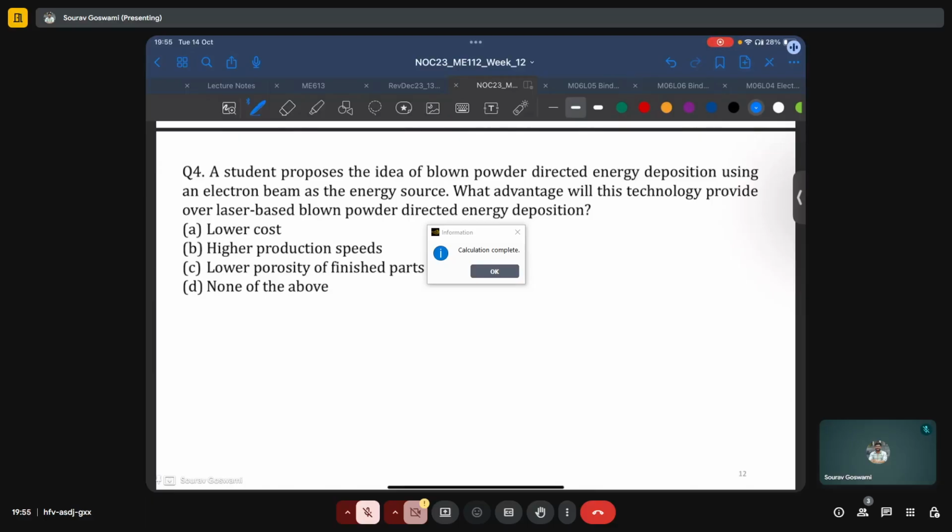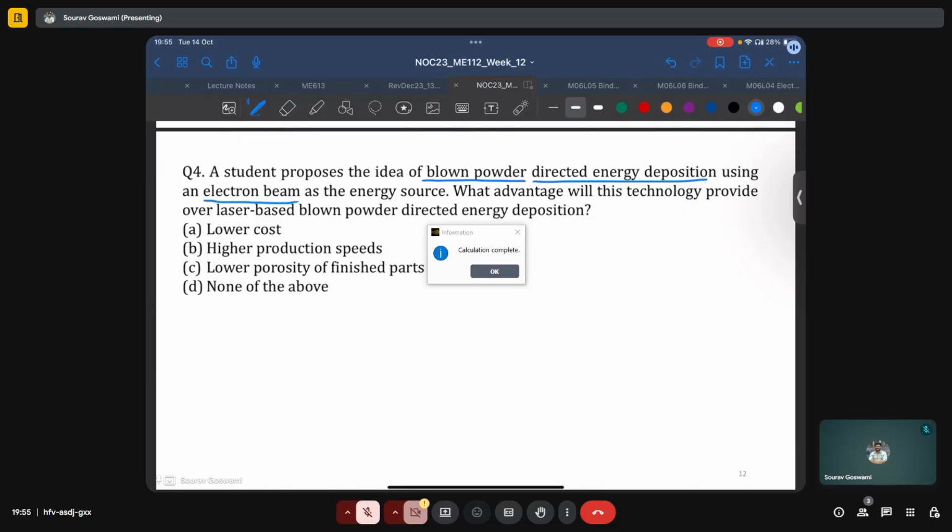Or are none of the above true? Let us reread this question and try to catch what is up. The student is proposing the idea of blown powder directed energy deposition using an electron beam. However, we know that wherever an electron beam is associated, we will invariably need to have vacuum.